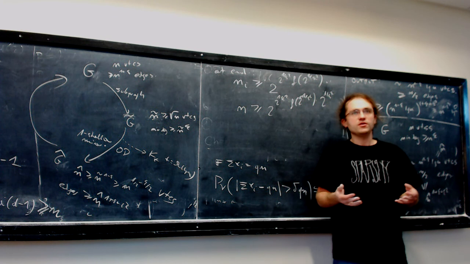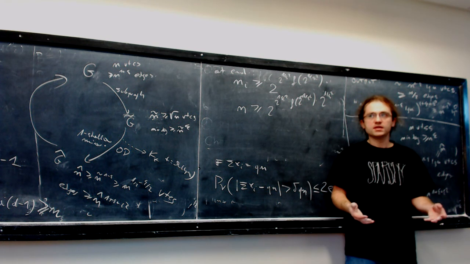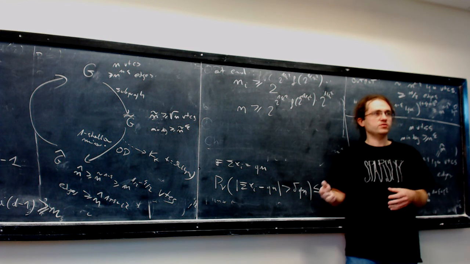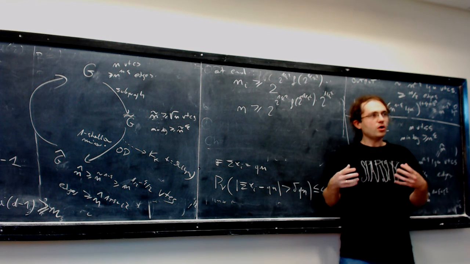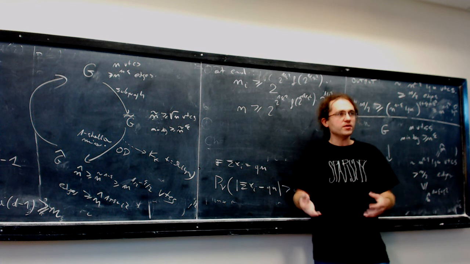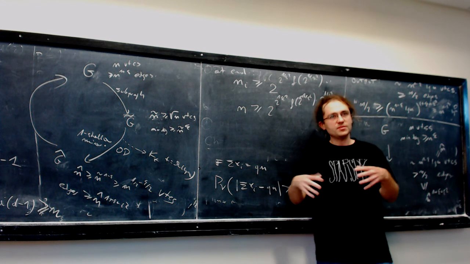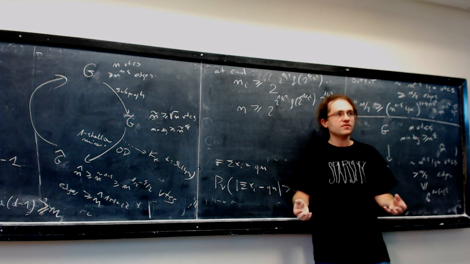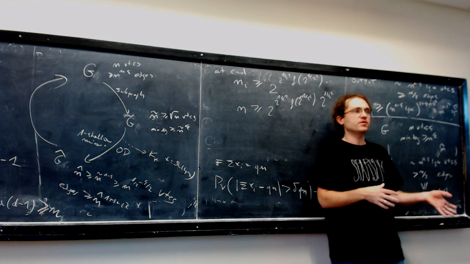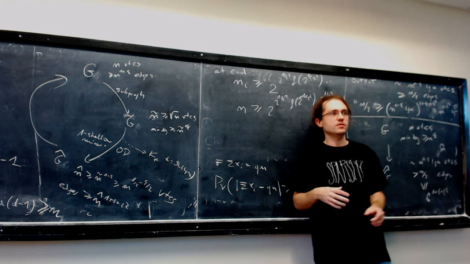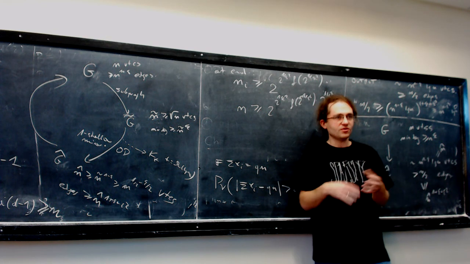If you have a graph class, you either obtain all cliques as shallow minors, so this is somewhere dense, or if for every depth there is some clique you don't have there, then all the graphs need to be really sparse. There's n to the epsilon average degree times some constant depending on epsilon. Okay, so there's a dichotomy. There are no graph classes in the middle.